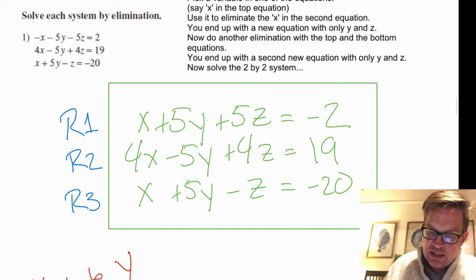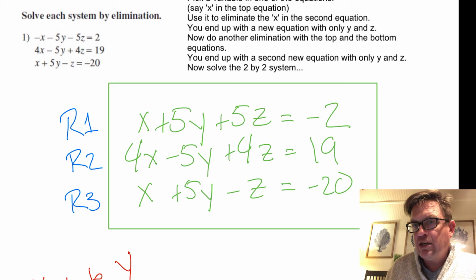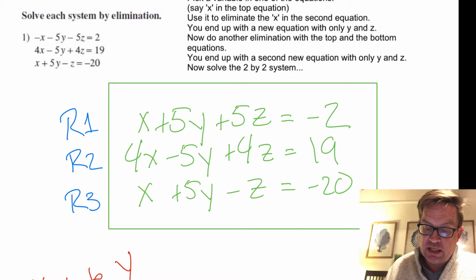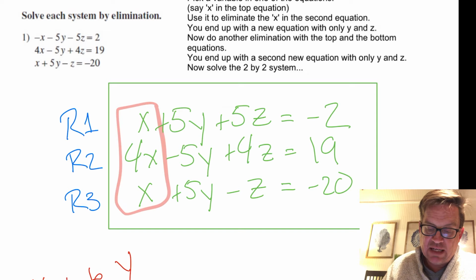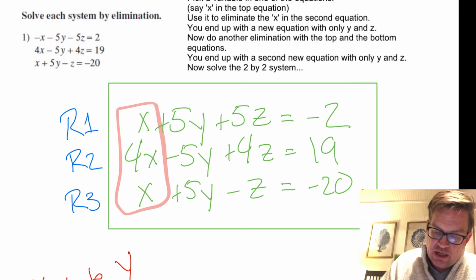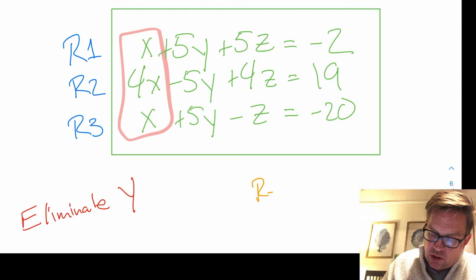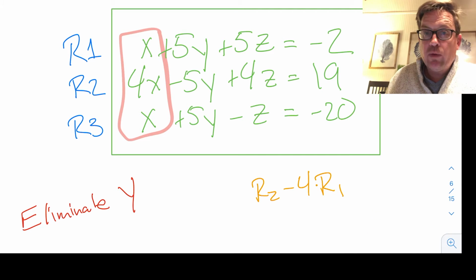And so in this case, again, I could choose whatever variables I want to eliminate to make my algebra easiest. I could eliminate the x's by taking R2 minus 4 times R1. And what would I get in that case?